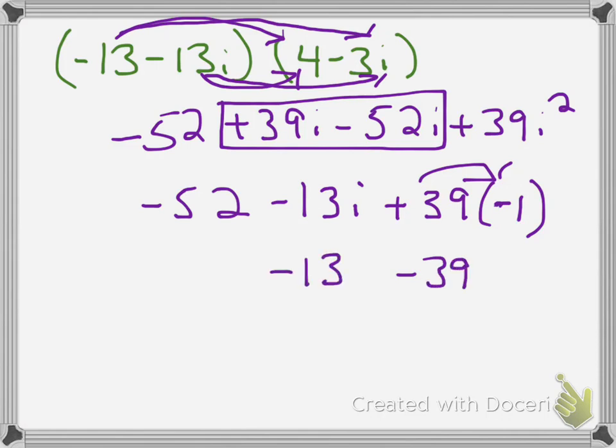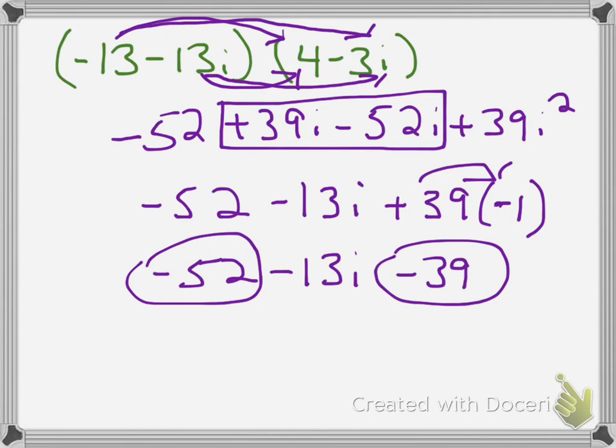So now I have this. And then we can combine these like terms here, which hopefully combine those, that'd be negative 91. So we'll write negative 91 minus 13i.